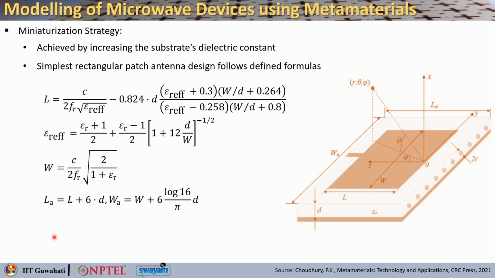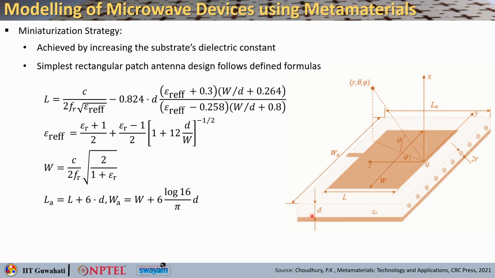So from that you can calculate what should be the dimensions. You can also see what is LA, that is the length of the antenna, that will be given by L plus 6D. So LA is marked as this, okay, the overall length of the antenna.